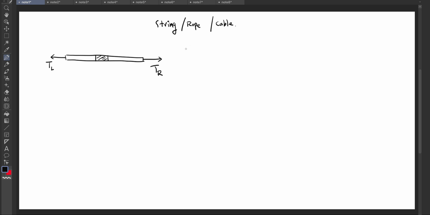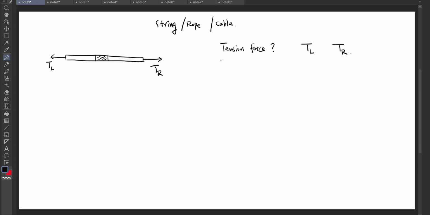So now our focus here is to figure out the property of the string about its tension force. What's the tension force here? Specifically, what is the relation between TL and TR?